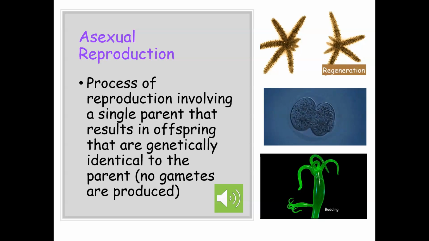Up at the top you have regeneration, where the starfish broke off a limb and is regenerating that new limb. In the middle you have budding, where a little bud is starting to grow. The same thing with the hydra at the bottom. The new part grows until it gets to a certain point, and then it buds off and becomes a new organism, exactly genetically the same as the parent.